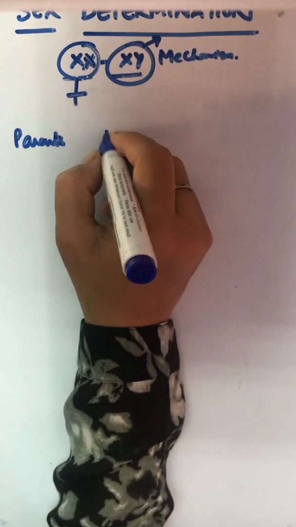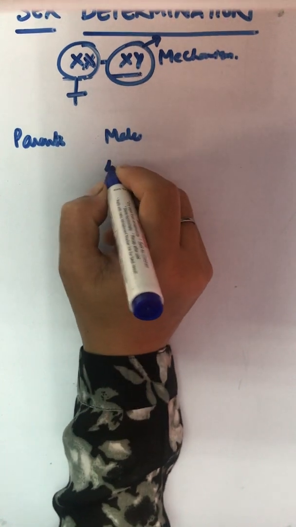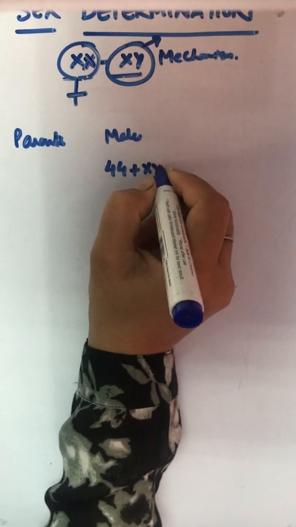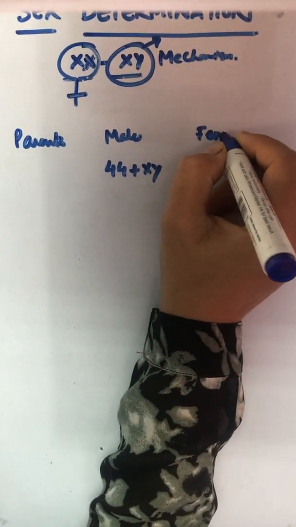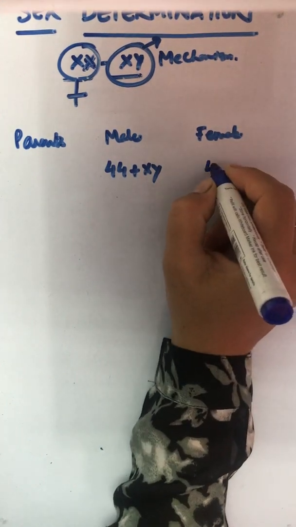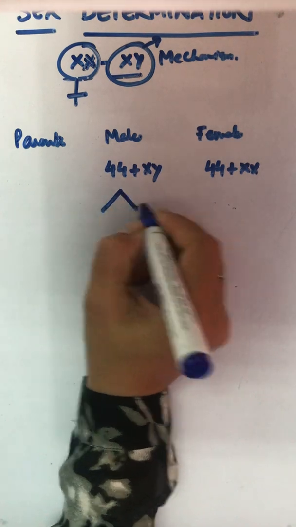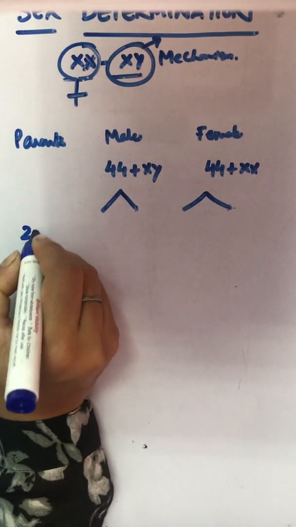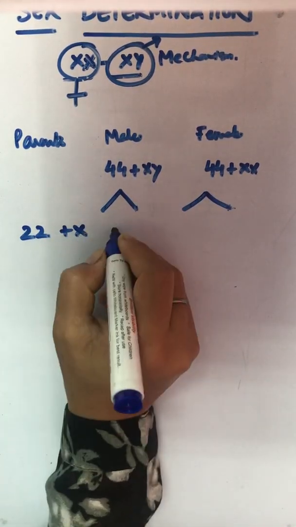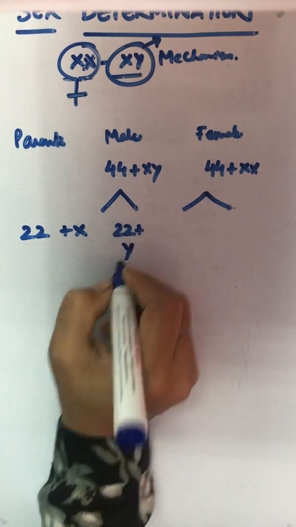So we are writing parents: male has 44 plus XY and female has 44 plus XX. During segregation, it comes 22 plus X and 22 plus Y.